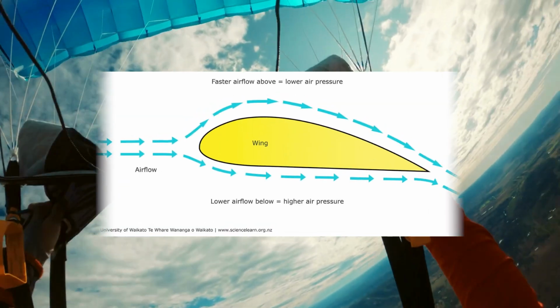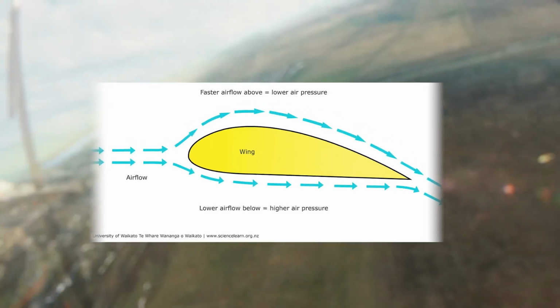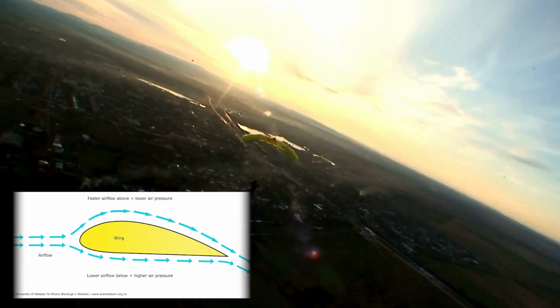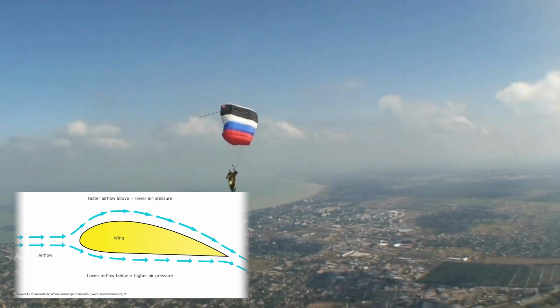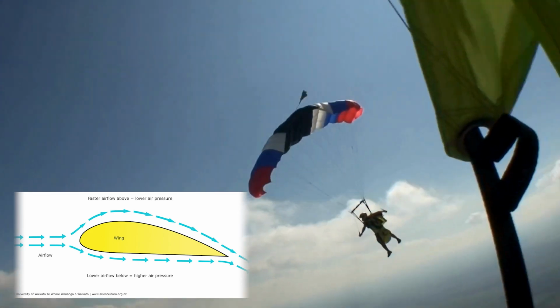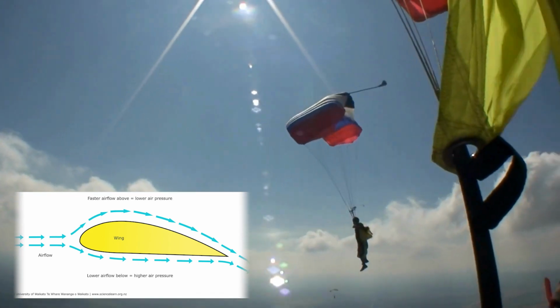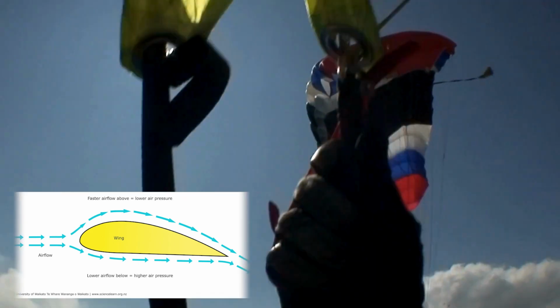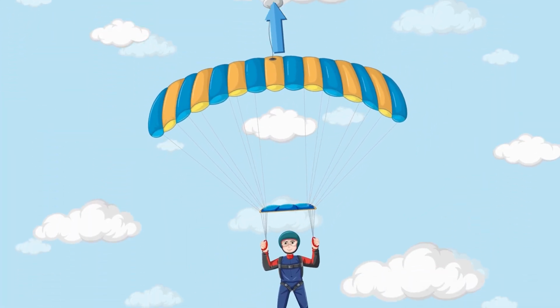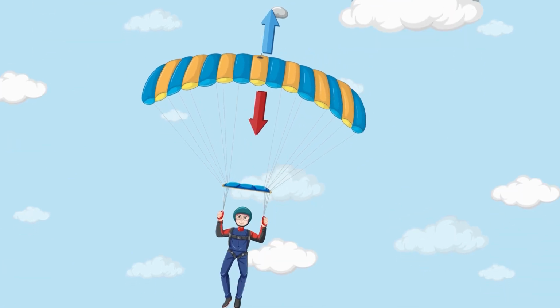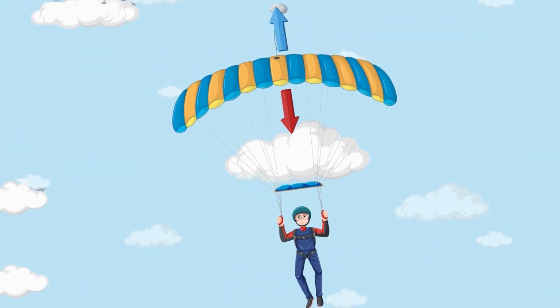According to Bernoulli's principle, the faster air that flows across the curved top of the parachute decreases the air pressure on the top. Conversely, the air flowing across the flatter bottom of the parachute either retains the same level of pressure or marginally increases. As a rule, these forces aim to balance out, with the higher pressure air always moving toward the lower pressure air.